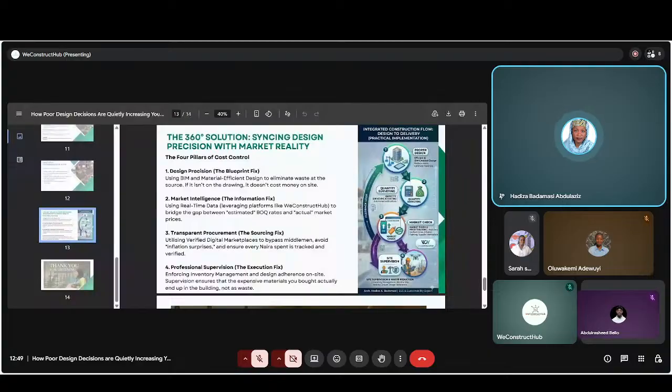Design using BIM to eliminate waste before the first stone is laid. Bridge the gap between studio and the site using real-time price intelligence.